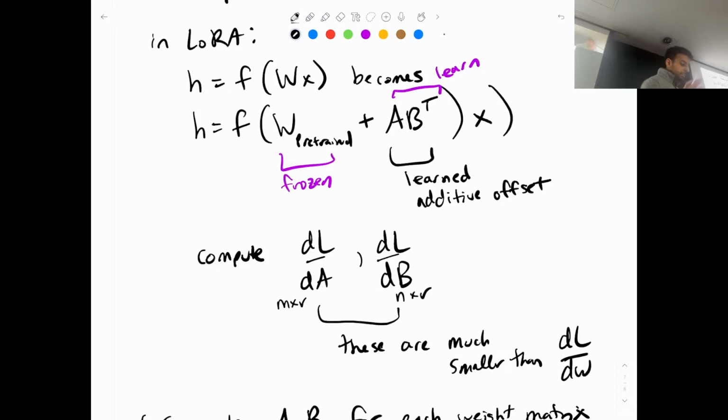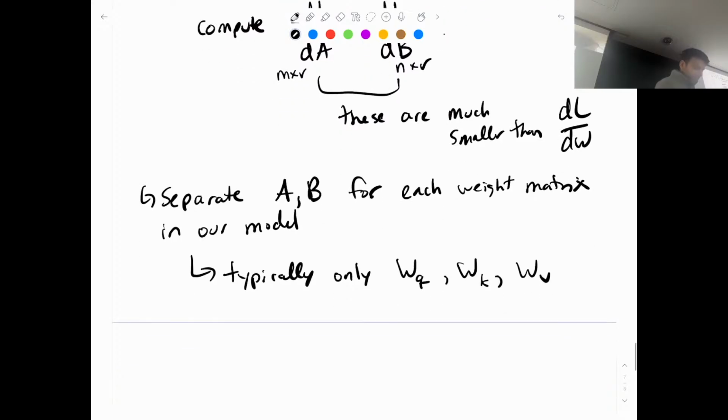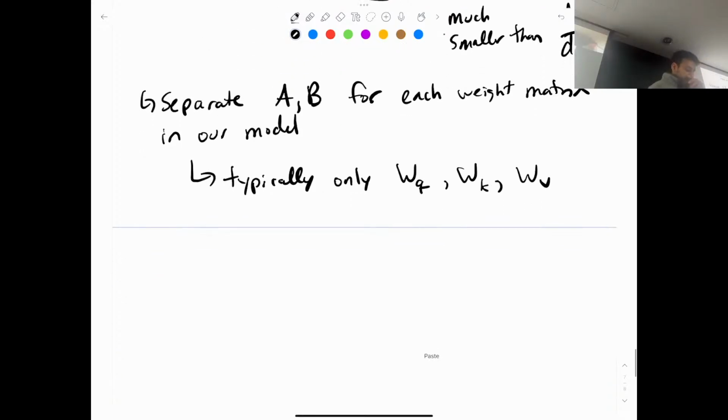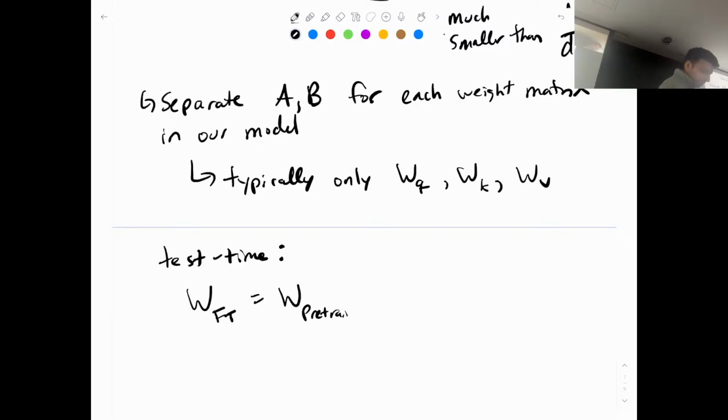All right, so in the last part here, let us quickly talk about quantization. I should add also, last thing about LoRA is, so this is how we're doing training, right? At test time, our final model, so let's say W fine-tuned, we're just going to take the pre-trained weight matrix for all of WQ, WK, WV, all the things that we're applying LoRA to, and we will simply add the AB transpose for the final A and B matrices associated with this.